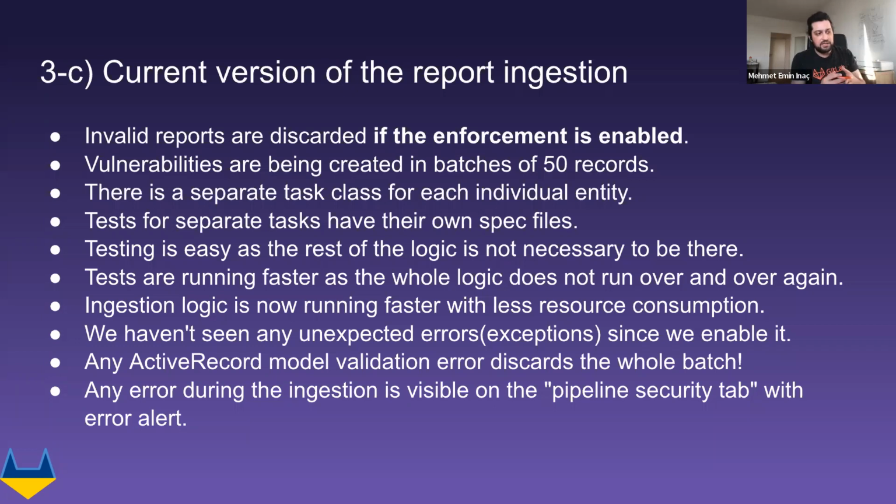So this discards the whole batch. We are aware of it, and it's going to be fixed by a follow-up issue. And an error during the ingestion is visible on the pipeline security tab. So if there's an error, we record that error and show the user, hey, we had this exception while trying to ingest the security report.